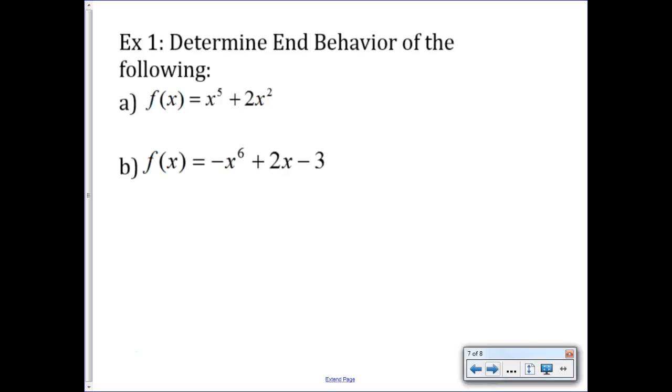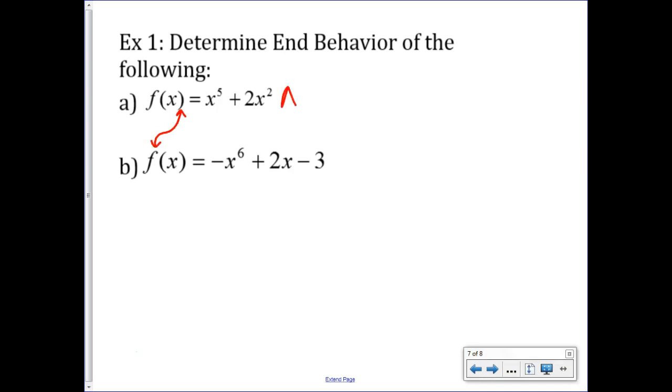And then here's what you will see as some of the problems that we have to do. So determine the end behavior of the following. So we're looking for the largest degree there. So our largest degree is x to the 5th. So we're thinking that John Travolta graph, it's not flipped, it's not reflected, so it's looking like this.